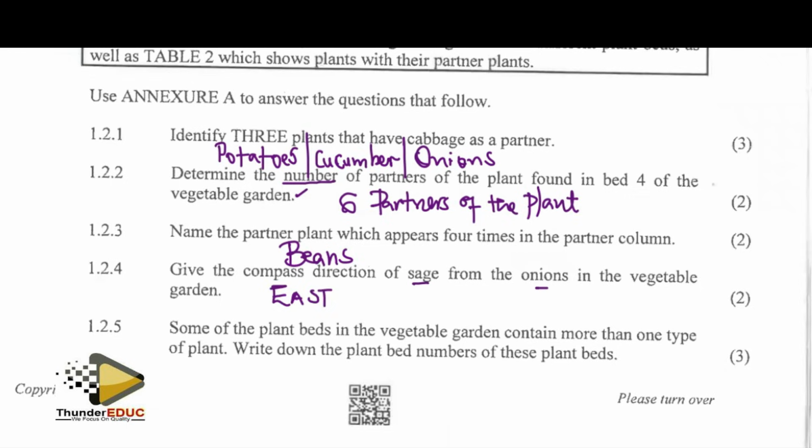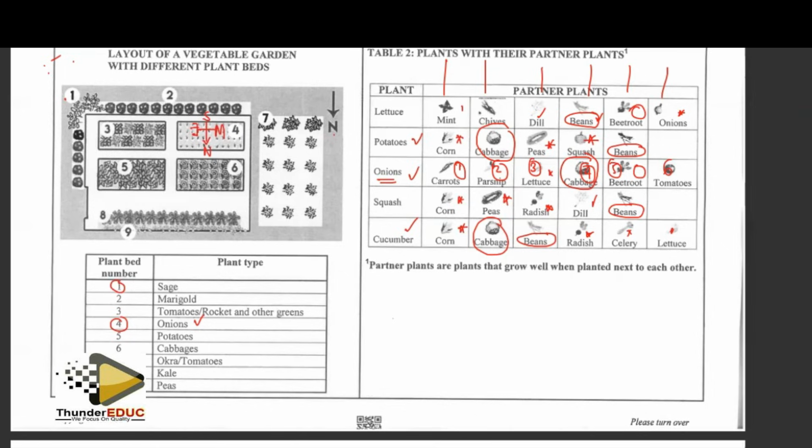1.2.5. Some of the plant beds in the vegetable garden contain more than one type of plant. Write down the bed number of these plants. We have, let's see. Bed numbers. So when you come here, we have 3. 3 has tomatoes, rockets, and other greens.